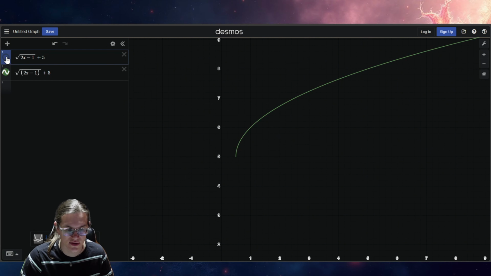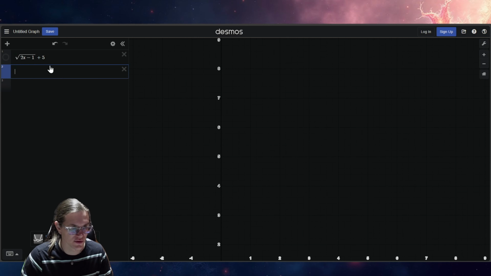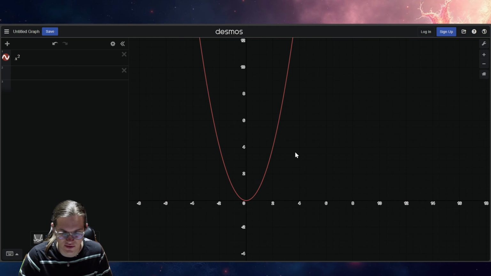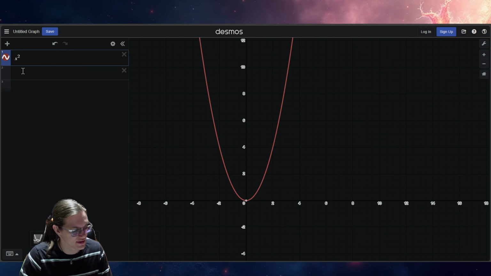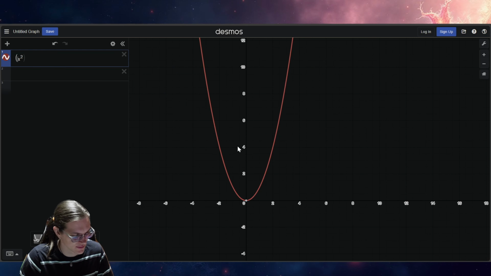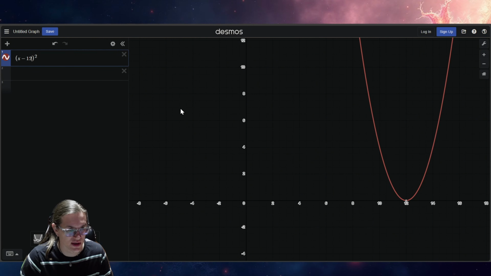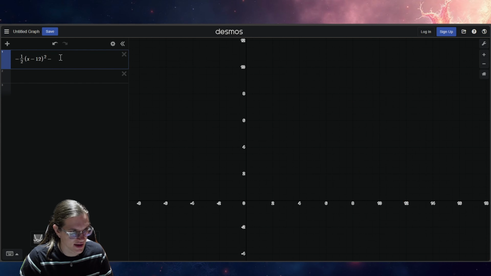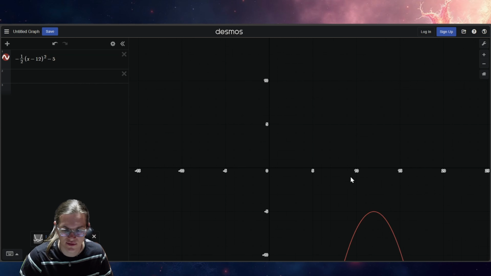See? So you can do this, your imagination can just run wild, and you can ask, okay, what is x? That's the parent function x squared, the original function x squared. Well, what does x minus 12 squared, all of that times a negative 1/2, all of that minus 0.5 or 5, right?